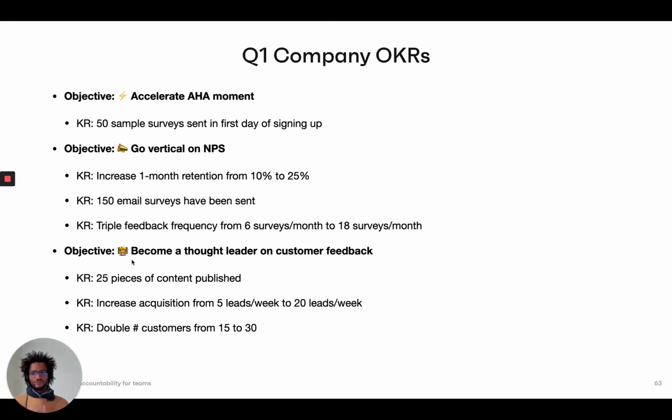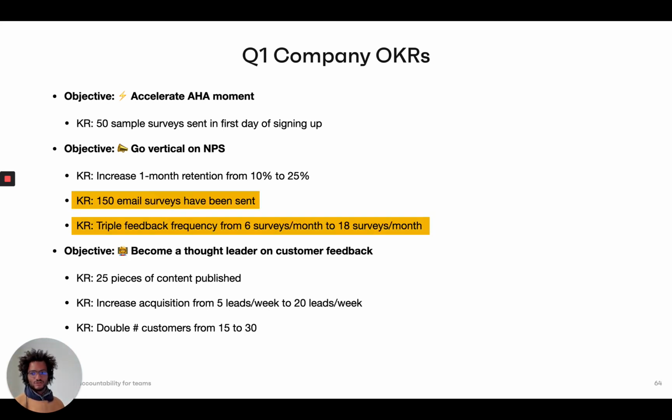I'm not going to do the entire plan. I'm just going to focus on 2 of the key results here because they're interesting to work with. The first one is to get 150 email surveys delivered by the end of the quarter. And the second one is to increase, for each customer, the amount of feedback that they get every month, right?